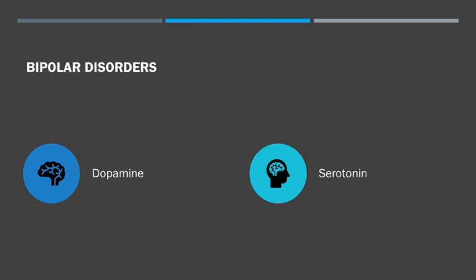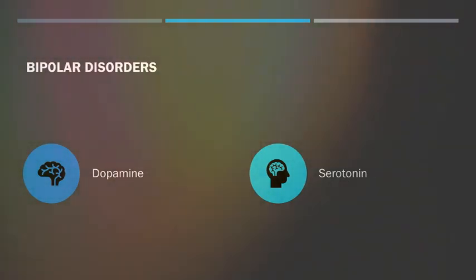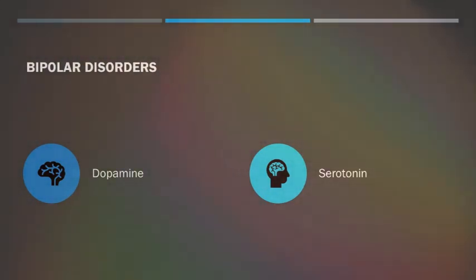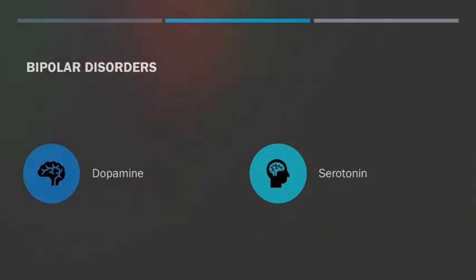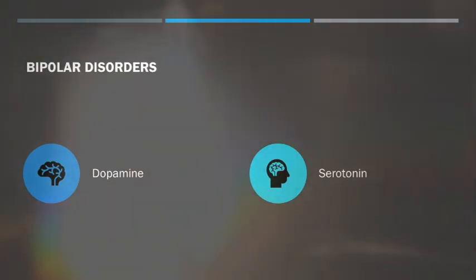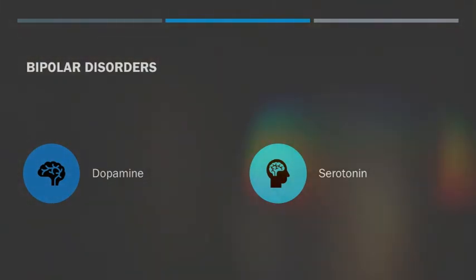And then we have bipolar disorders. Bipolar disorders, sometimes called manic depressive disorders, are a group of mood disorders characterized by episodes of mania or hypomania, so the elevated mood, the increased energy, and then the depressive moods, the low mood, the lack of energy. And these episodes can vary in severity and duration, and the condition often has a significant impact upon a person's life.